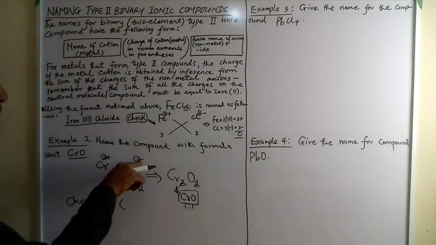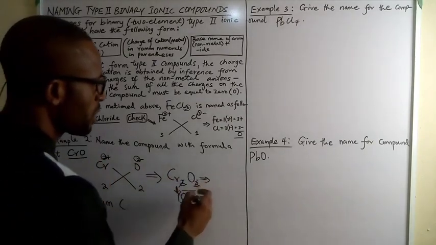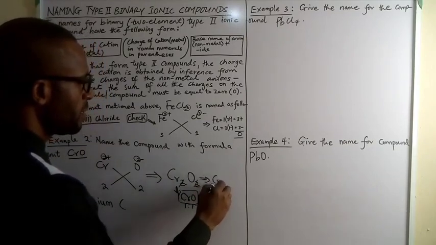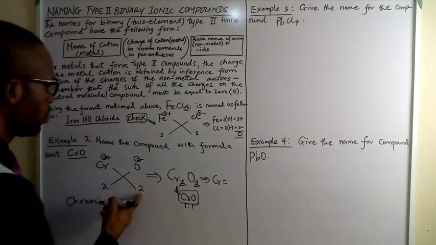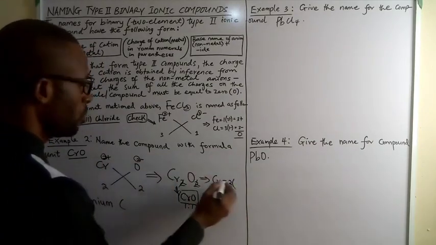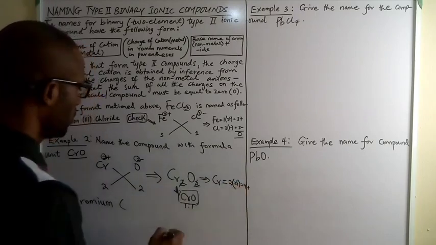That is why oxygen is 2 minus, and both of them will cancel out. Remember that both charges must cancel out since we have a neutral compound. So for Cr, you have 2. Pay attention to this. 2 goes into 2 plus, and we have 4 plus here.